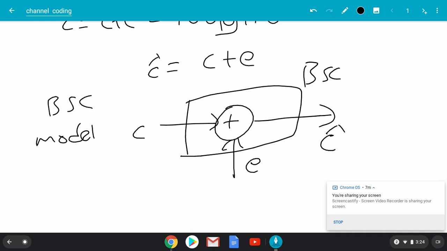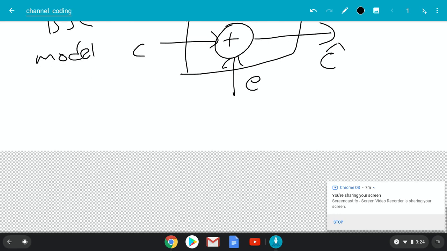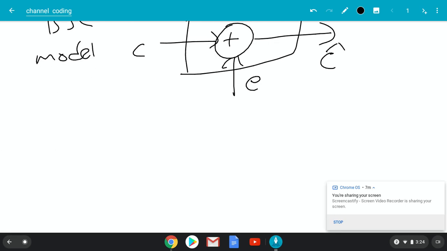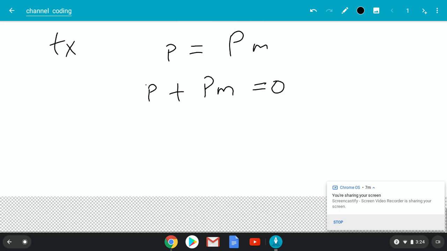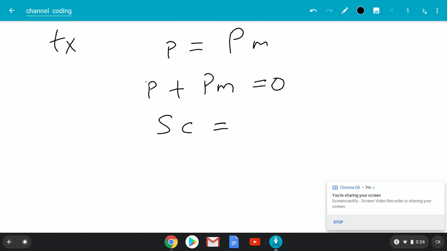Okay, so now let's see what's happening from a more linear algebra perspective when you add an error like this. First of all, at the transmitter, we know that my parity bits will be equal to capital P times M. So my parity bits plus capital P times M equal to 0, or in other words, my S times C equal to 0.